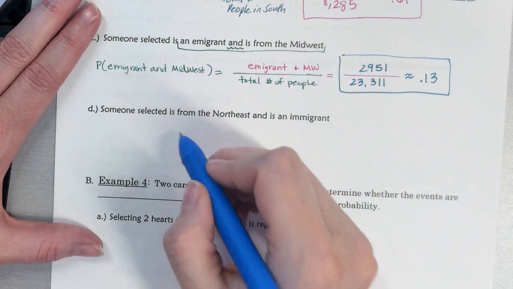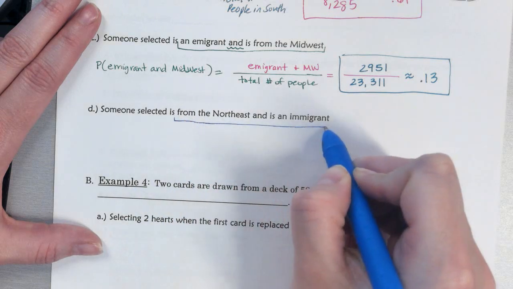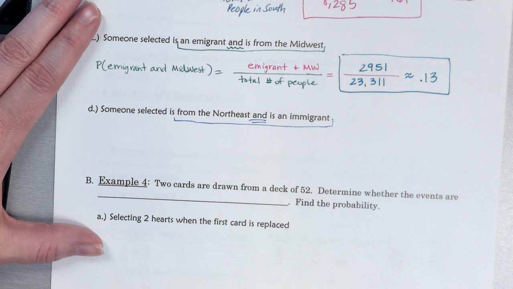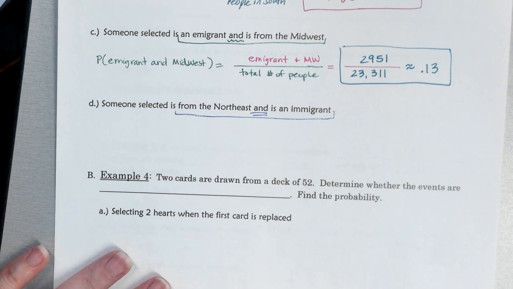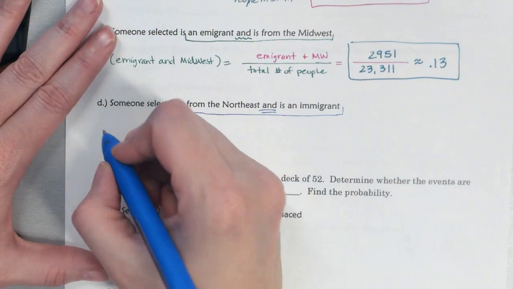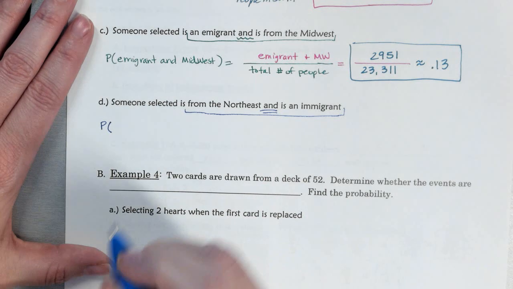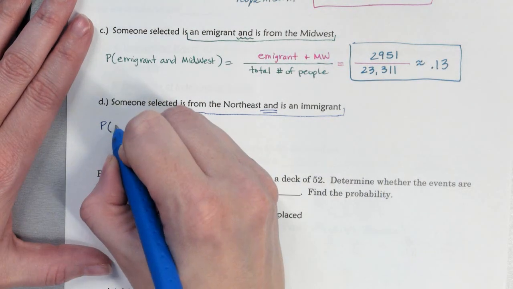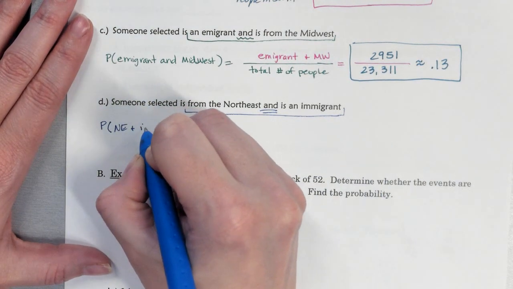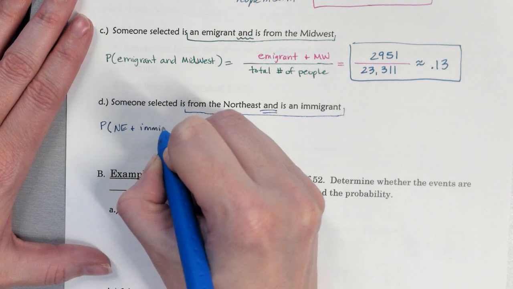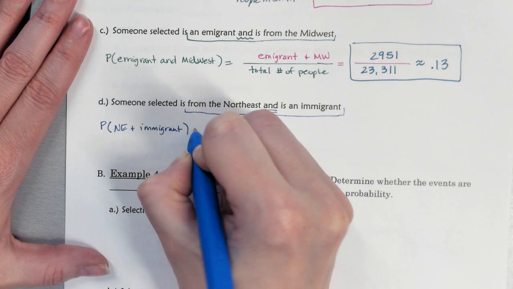So someone selected is from the Northeast and is an immigrant. So that means you're going to do the probability from the Northeast and immigrant.